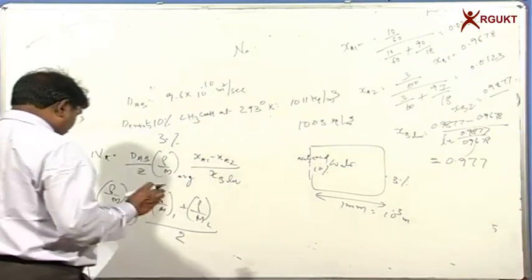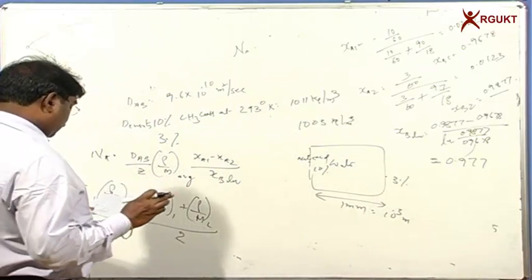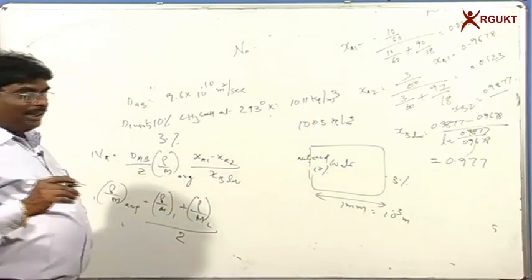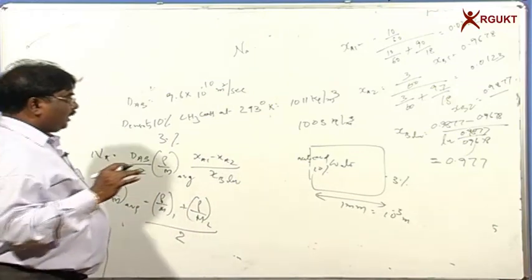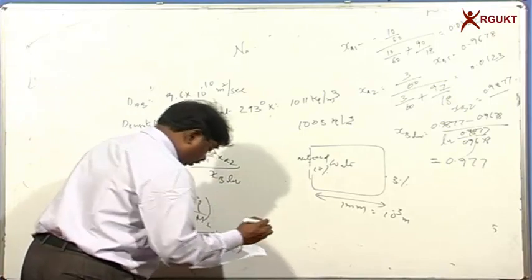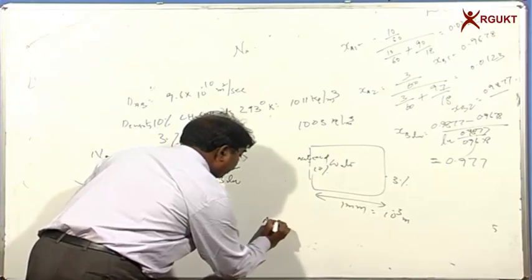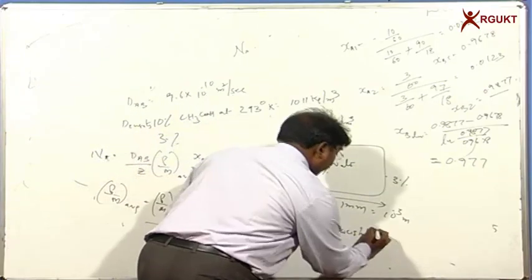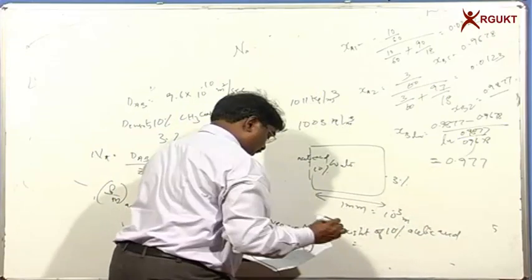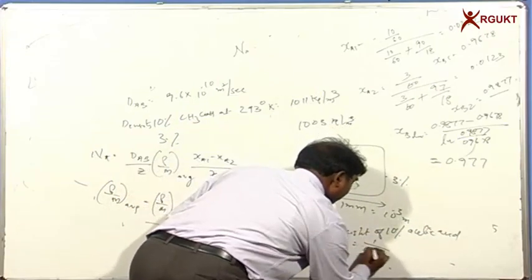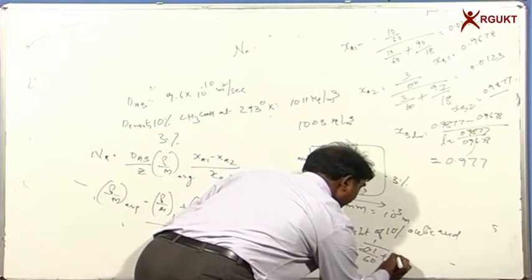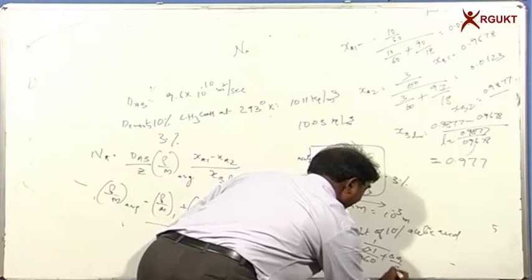Average molecular weight of 10% acetic acid: if you take 1 kg as the basis, 1 kg contains 0.1 kg of acetic acid and 0.9 kgs of water. The average molecular weight of 10% acetic acid is equal to 1 divided by 0.1 by 60 plus 0.9 by 18.